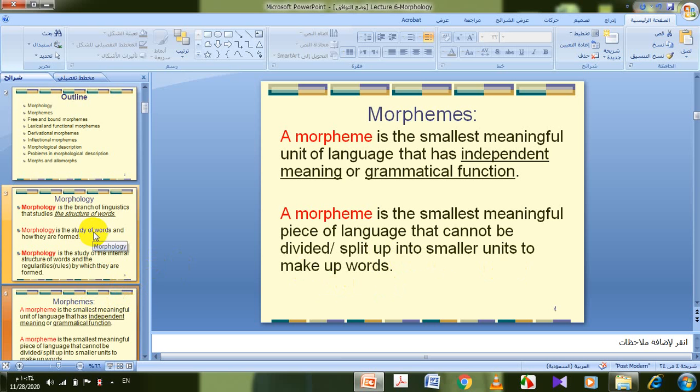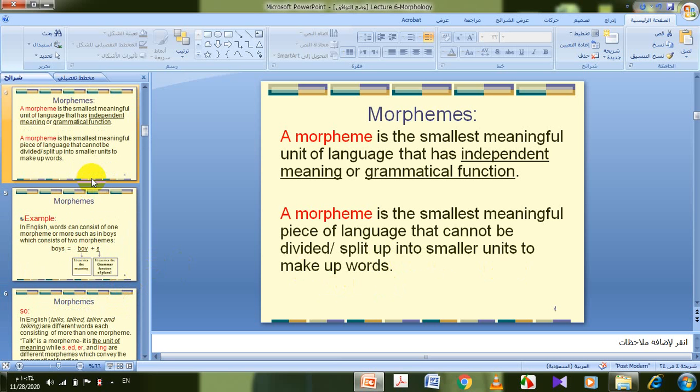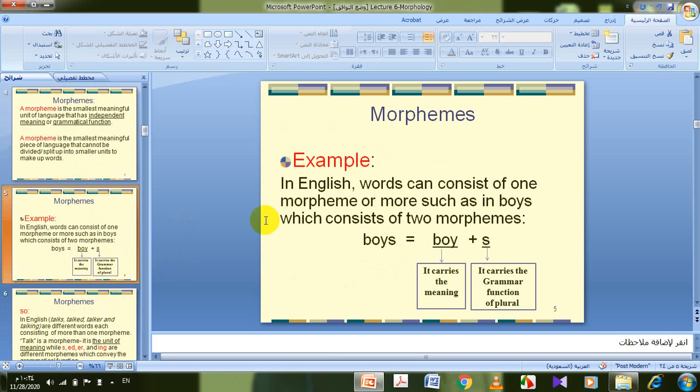Okay, this is a morpheme. We have examples. In English, words can consist of one morpheme or more, such as the word boys, which consists of two morphemes.